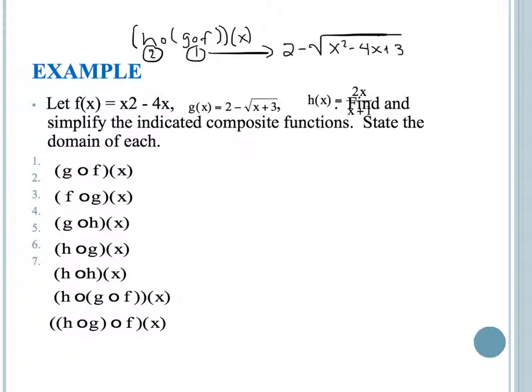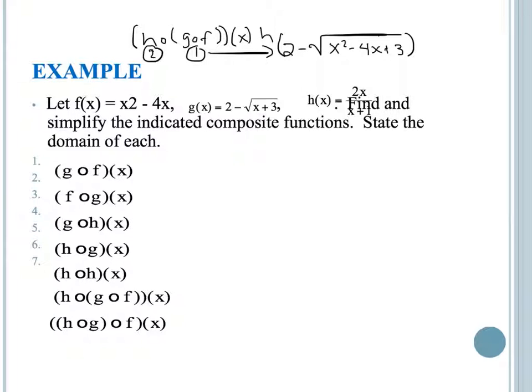If you feel like you really want to practice your function composition and do it again, go right ahead. Me, I copied it. But now I need to take this result and I need to plug this into the h function. So every place that there is an x in the h function, that gorgeous set of parentheses is going in. So let's see what happens when I plug all that into h.